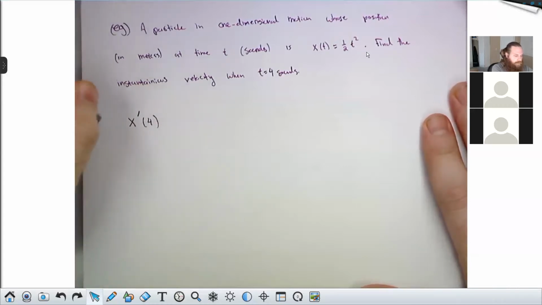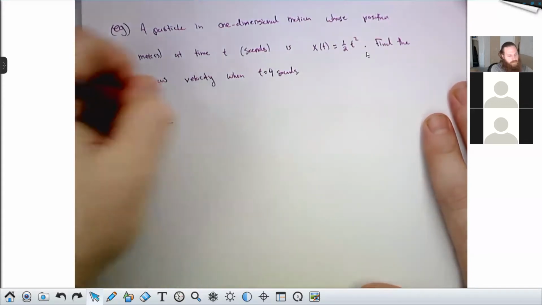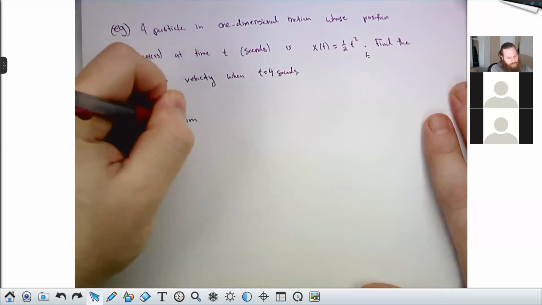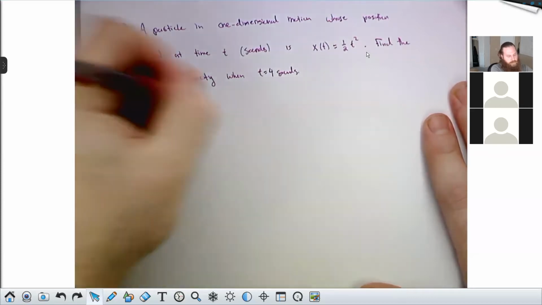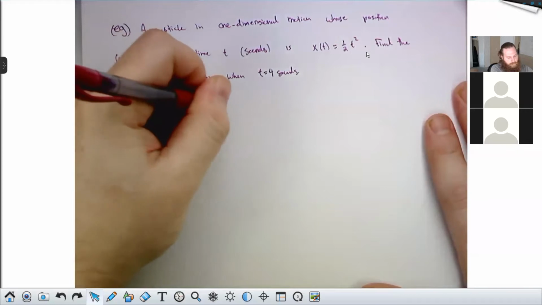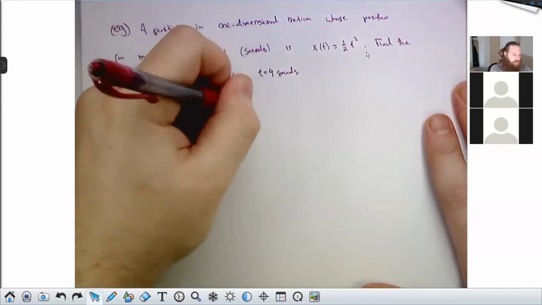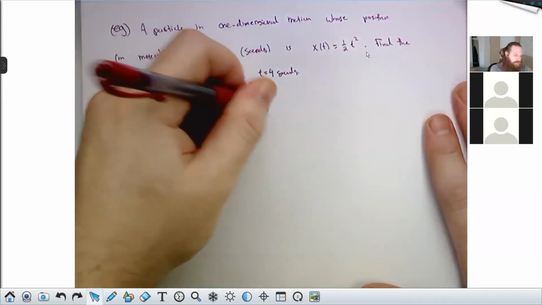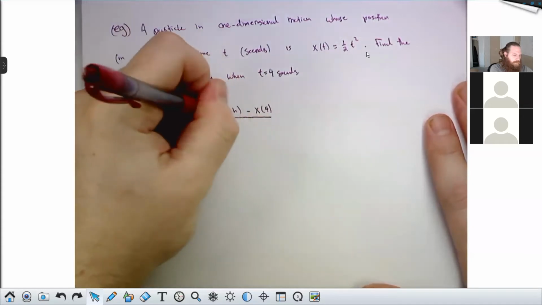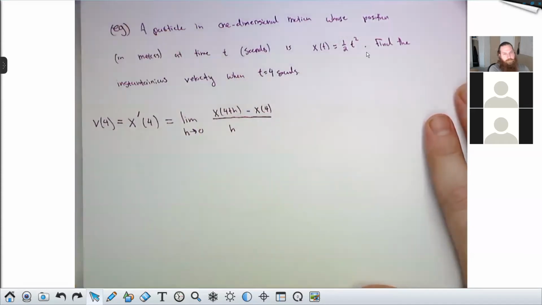That is v of 4. And this, by definition, is the limit as h goes to 0 of x of 4 plus h minus x of 4, all divided by h.